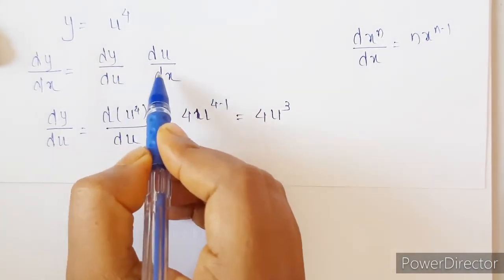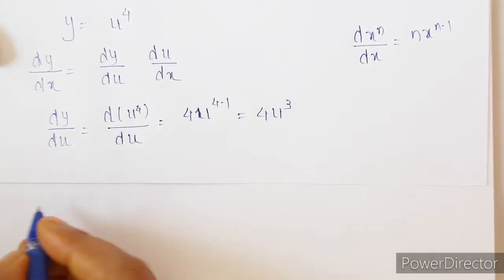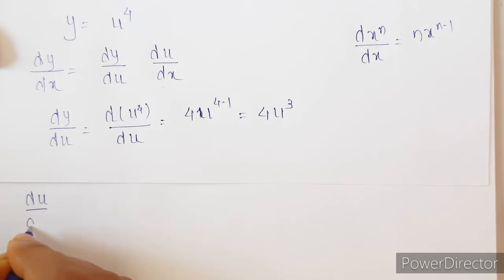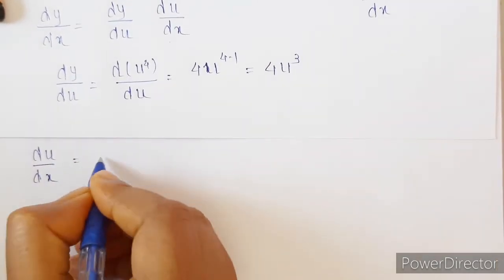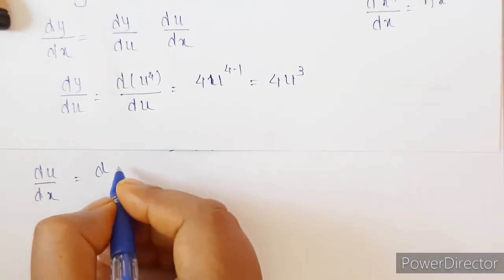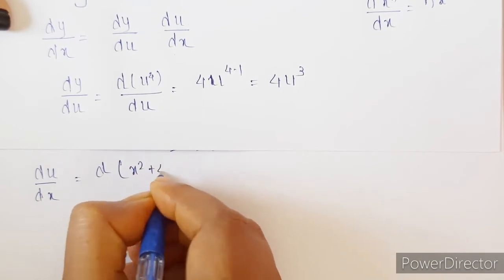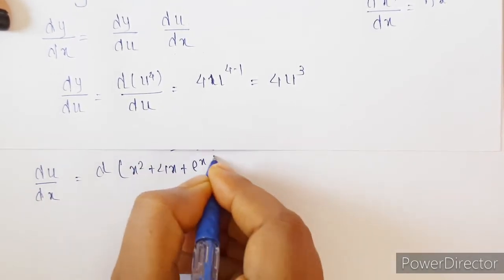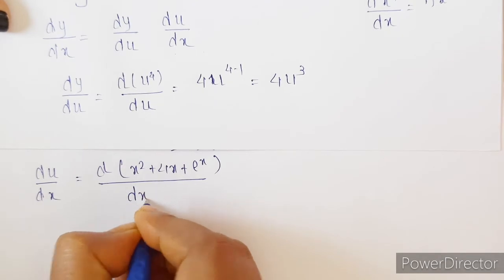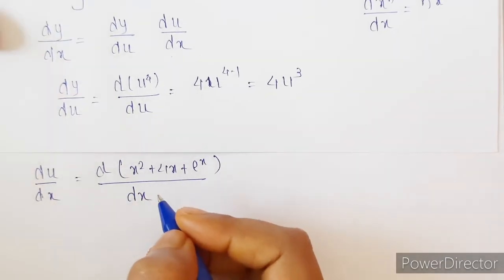So we got this. Now we need to find derivative of u with respect to x. What is u? U is x square plus 4x plus e raised to power x, and we need to differentiate it with respect to x.